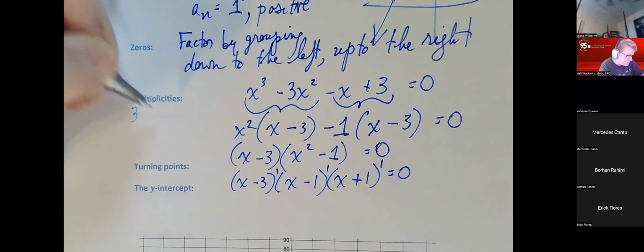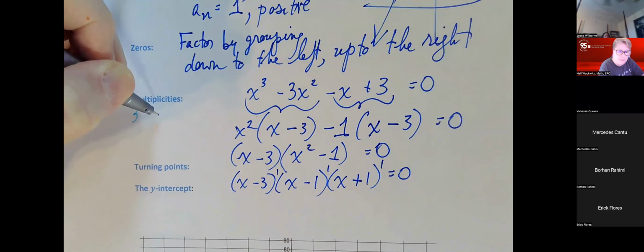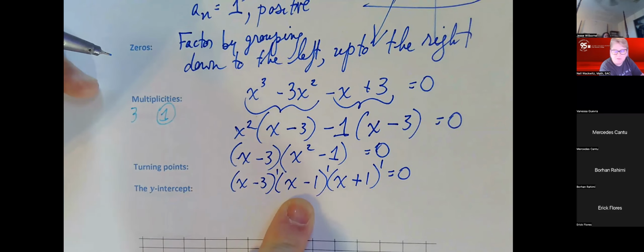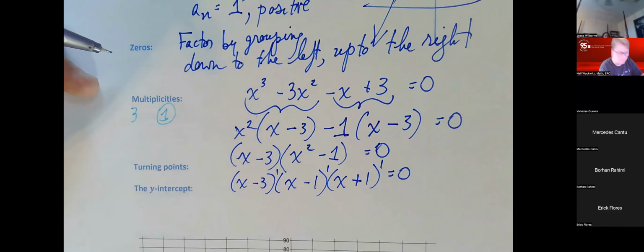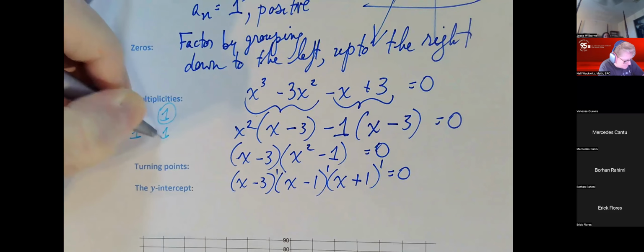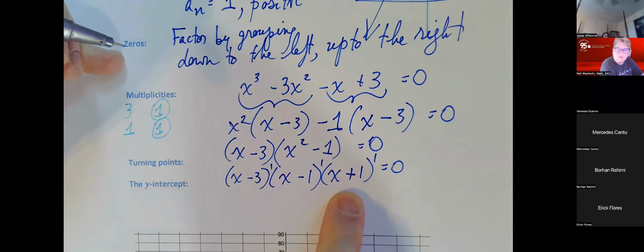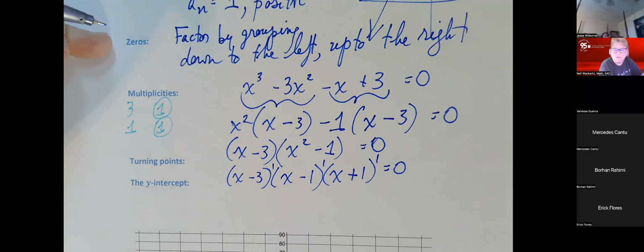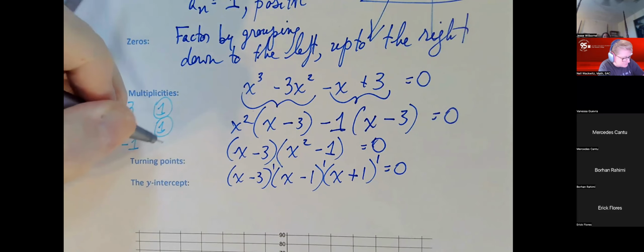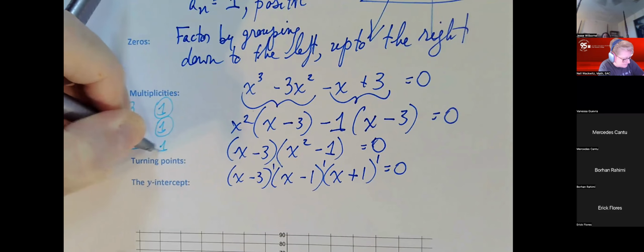Good. And its multiplicity? 1. What is the 0 from the x minus 1 factor? 1. And its multiplicity? 1. Good. And the 0 from the x plus 1 factor? Negative 1. And its multiplicity? Another one.